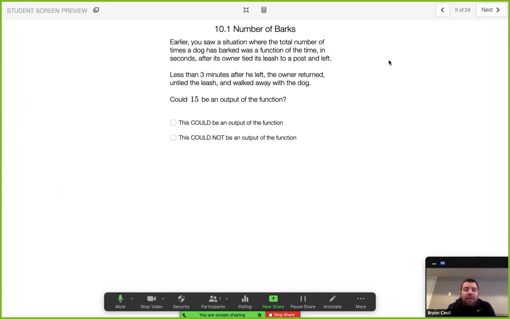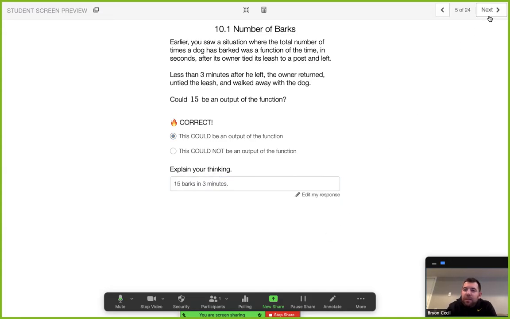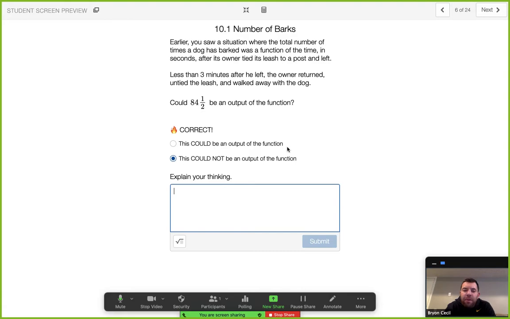Could 15 be an output? It absolutely could, because there can be 15 barks in 3 minutes. That is possible. Trust me. 84.5 could not be an output, and the main reason there, guys, is that it's not the 84, it's the half.